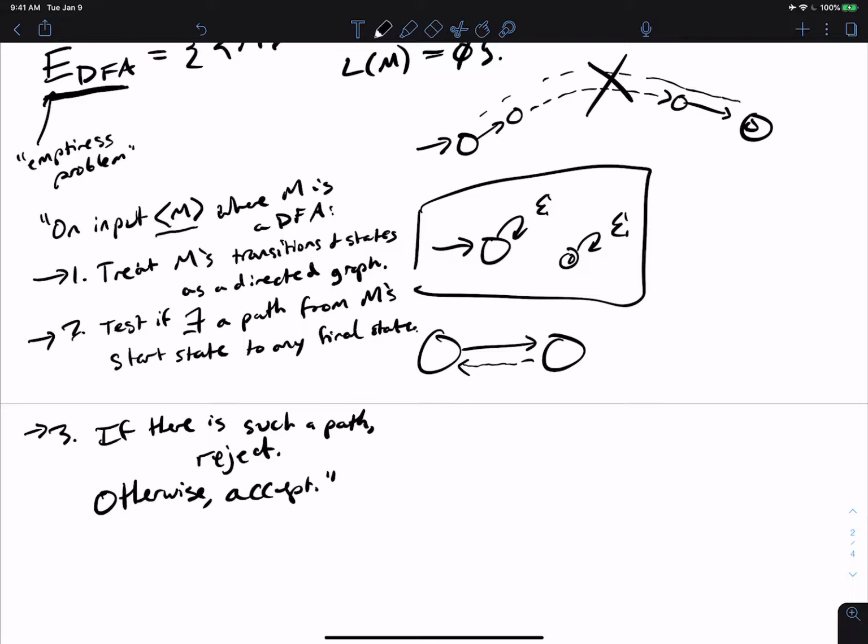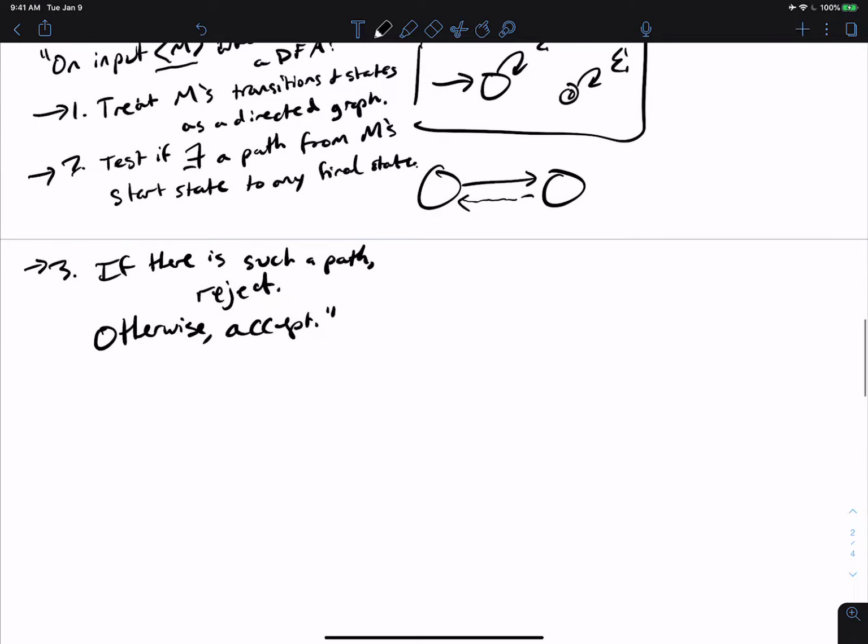For finding a path, we can just use breadth first search or depth first search and keep track of the states that we have seen and not repeat any state. That runs in a finite amount of time because there are only a finite number of states. And step 3 obviously runs in a finite amount of time. So we can conclude here that E sub DFA is decidable.